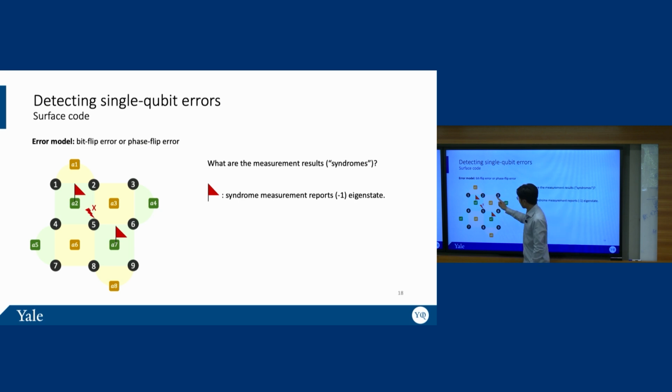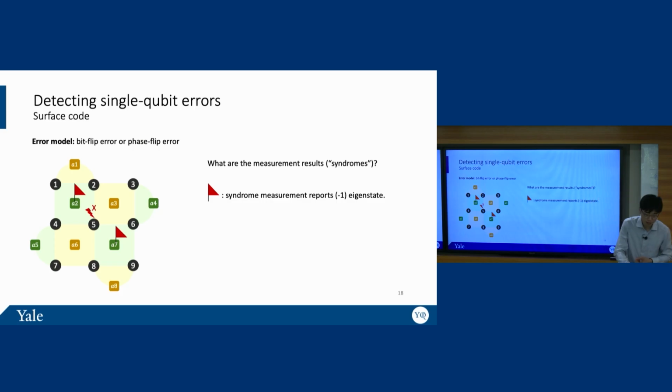And all the other qubits are going to stay the same. And in particular, we know that if you have an error acting on qubit number 5, X5 in particular, your quantum state is now a -1 eigenstate to these two stabilizers, yet +1 eigenstate to all the remaining stabilizers.